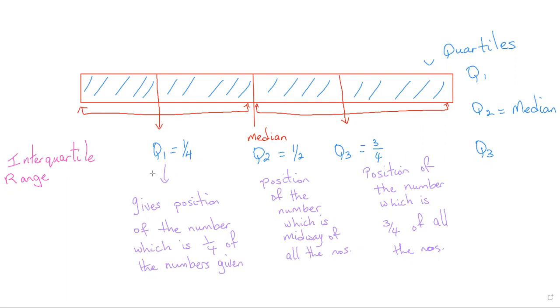Now, let's pretend I listed all of my numbers in ascending order. So this is my first, and this is my last number here.